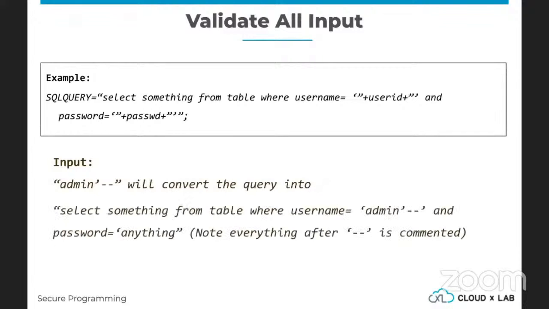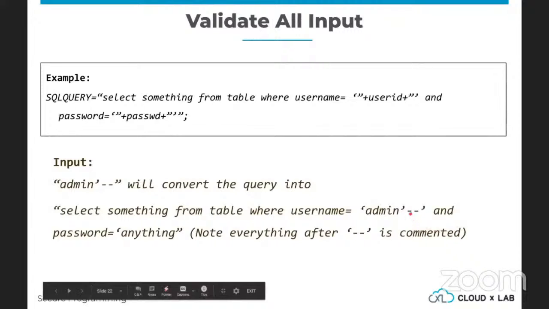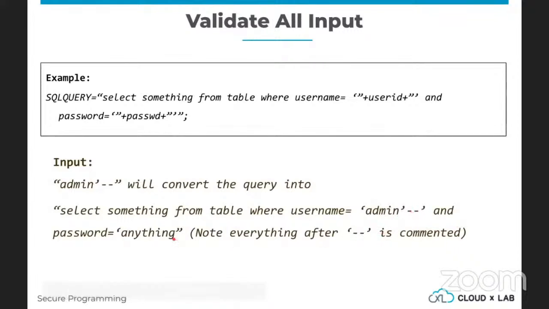It will convert your query into select something from table where username equals admin, and double dash. So everything after the double dash is commented out, right?